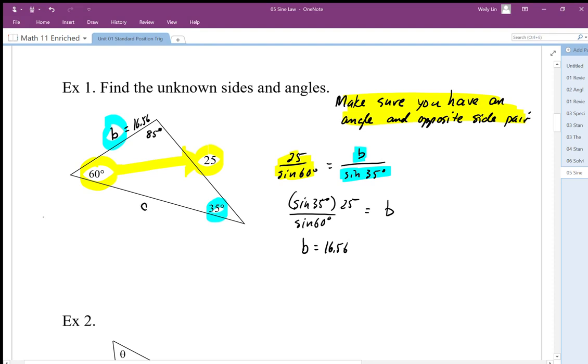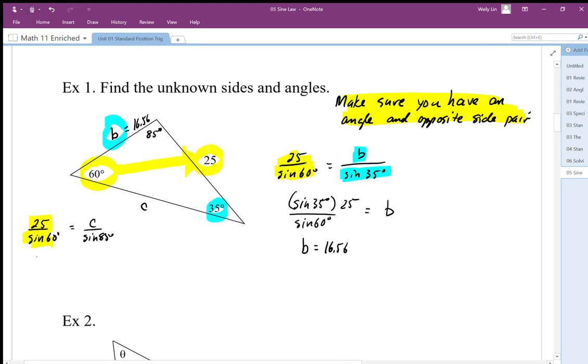Then we can solve for side C by doing the same thing. I'm going to use my known ratio of 25 over sine 60, and that's going to be equal to side C over sine of 85 degrees. Again, we use our given angle side pairing to solve for some unknown angle side pairing.